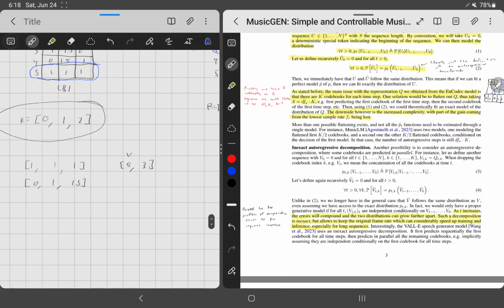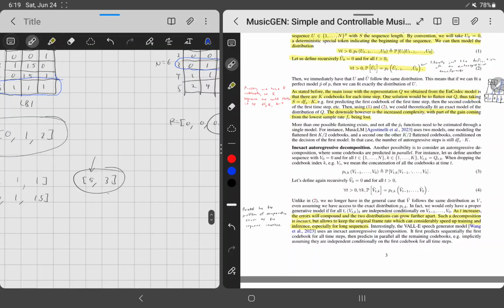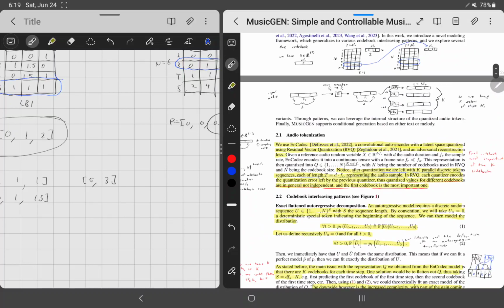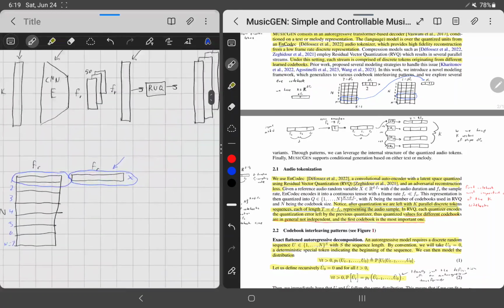So now we brought it from a continuous space, which was this space, and then we brought it down to a two-dimensional discrete space. So that's how residual vector quantization works. And let me find it in here. Yeah, that's how they describe it, that's the main method that they use.